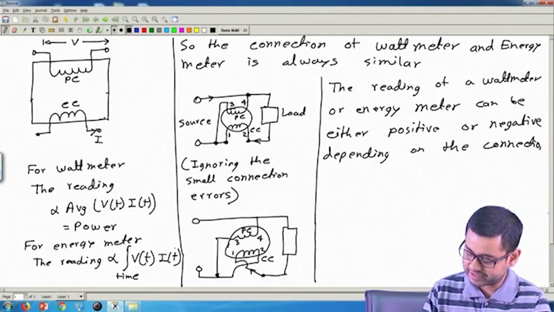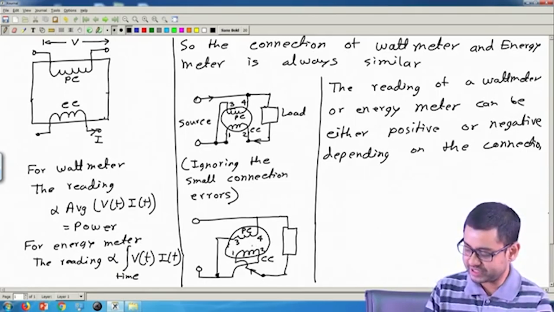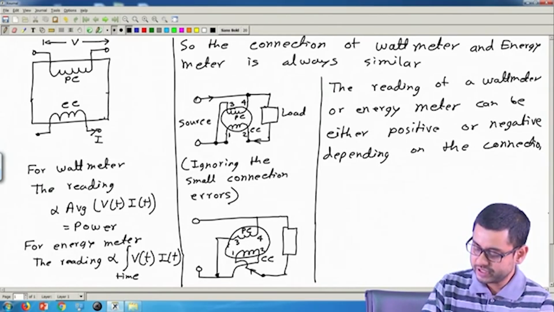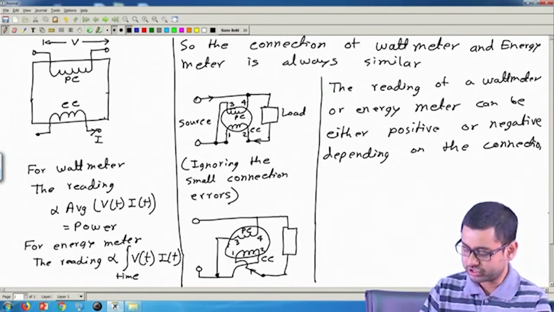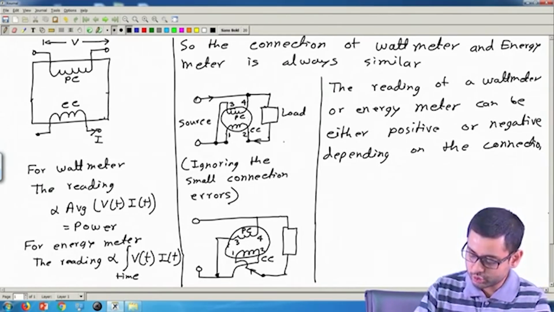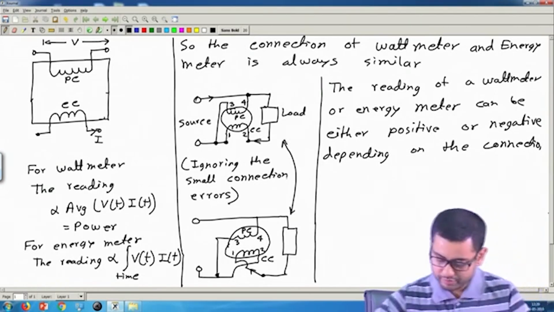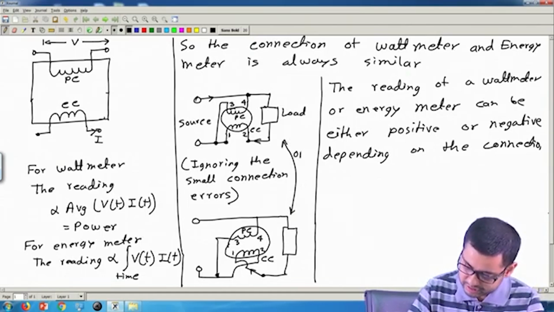So the deflecting torque will be in the opposite direction, and therefore if this reading is positive, then this reading will be negative, or if this reading is negative, then this will be positive. So these two will have opposite signs of reading.